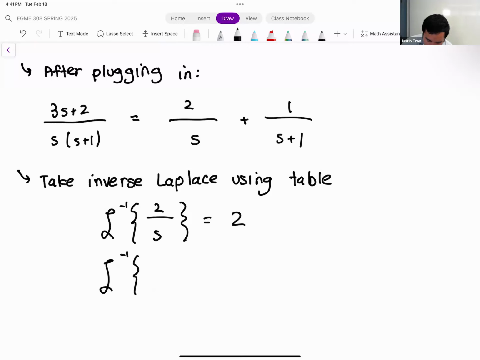The inverse Laplace of 1 over s plus 1 is equal to e to the minus t. If this function were a Laplace expression that you got from taking the Laplace transform of a differential equation, this would be your solution in the physical domain: 2 plus e to the minus t.